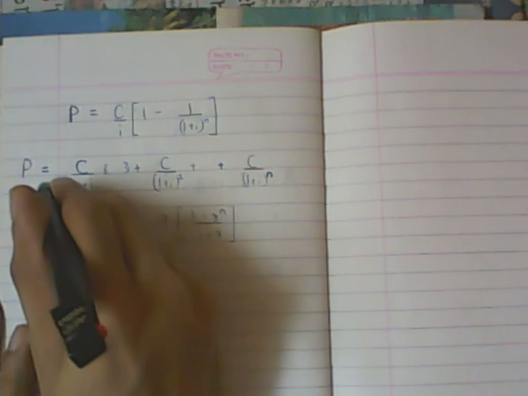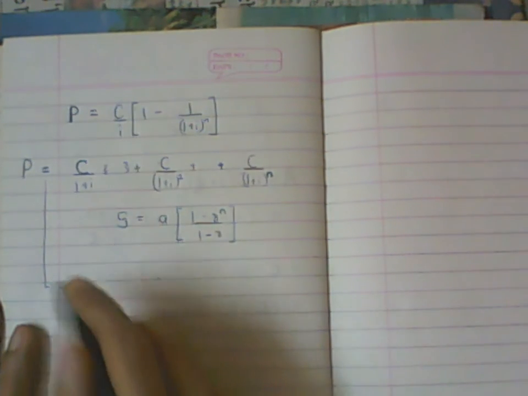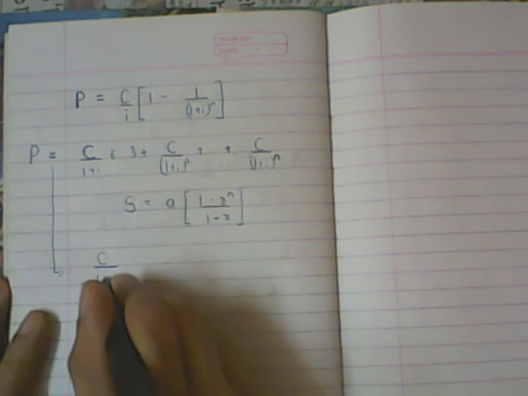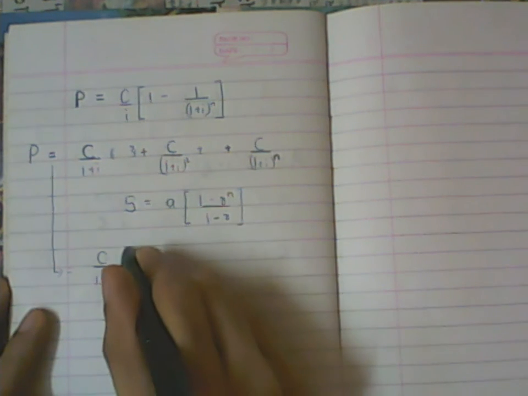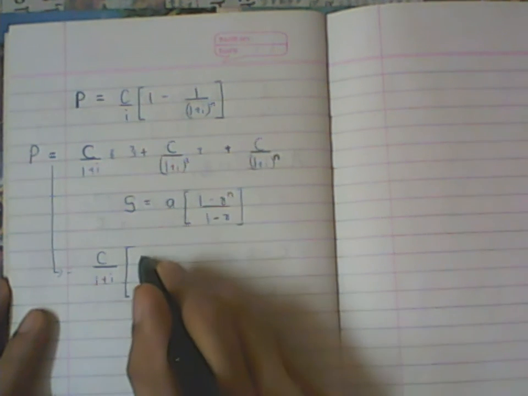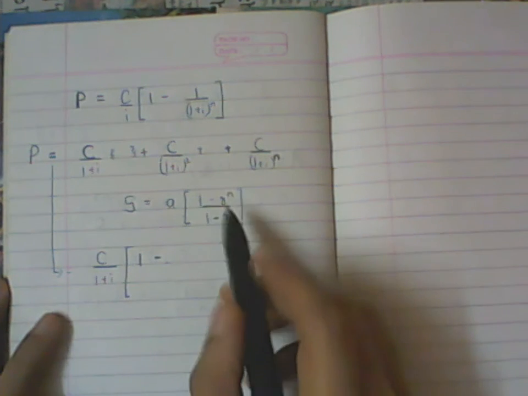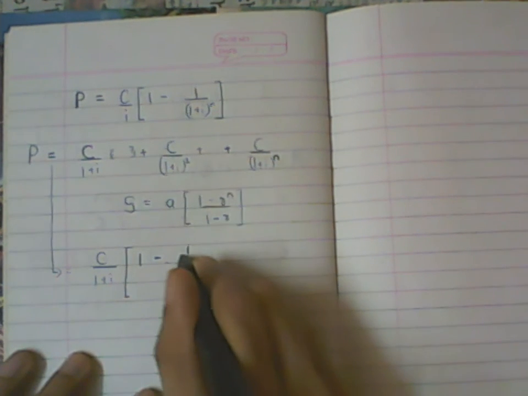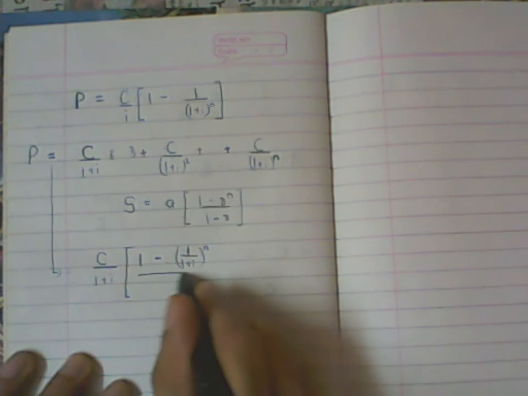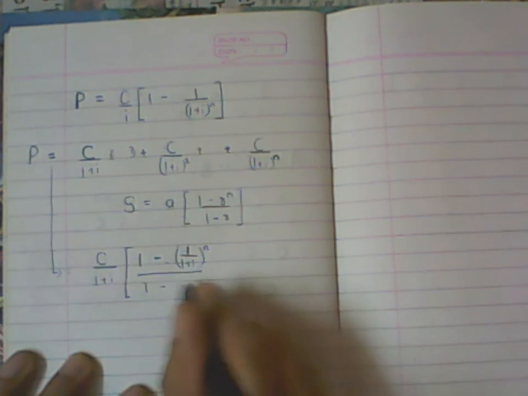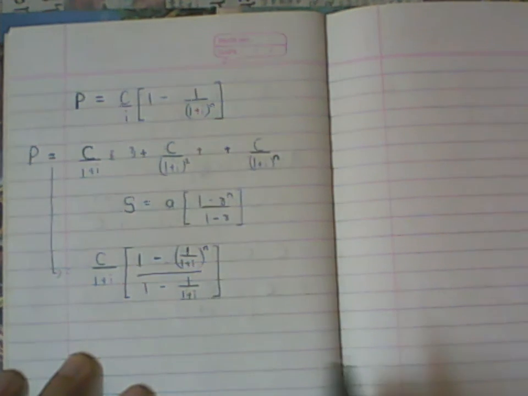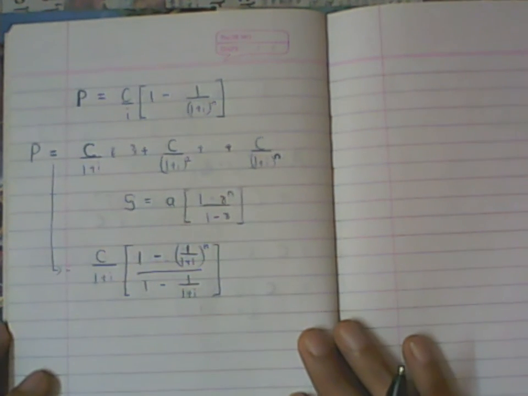So if I were to write this sum, my first term is C divided by 1 plus I, and for the numerator I will have 1 minus R, where my common ratio is 1 divided by 1 plus I. So 1 minus 1 divided by 1 plus I raised to the nth power, divided by 1 minus 1 divided by 1 plus I. Now again, this might seem a little horrifying, but if you simplify it carefully, it will be good looking.